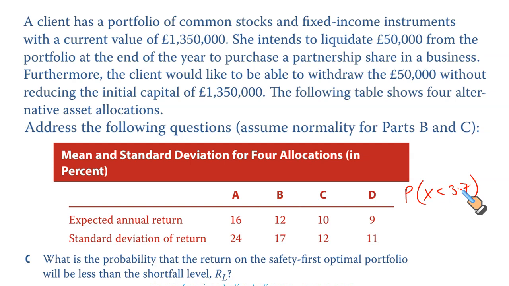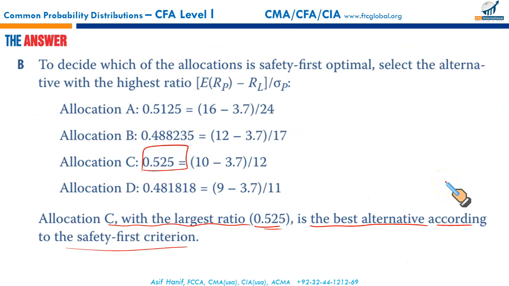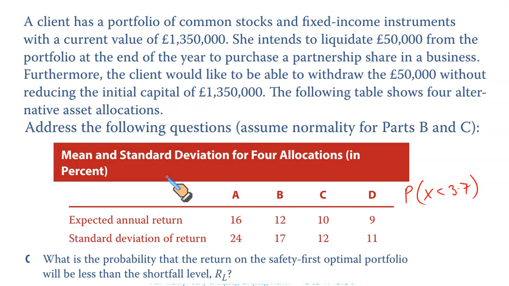For 3.7, the z-score was calculated for the best allocation as 0.525. Since it's in the negative region of the normal distribution, it is negative 0.525.